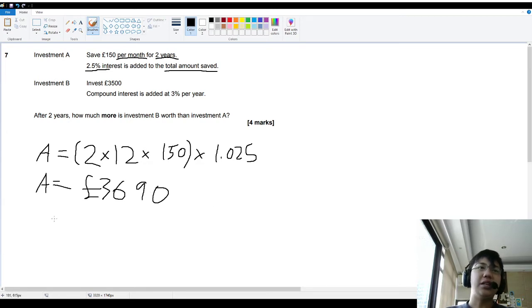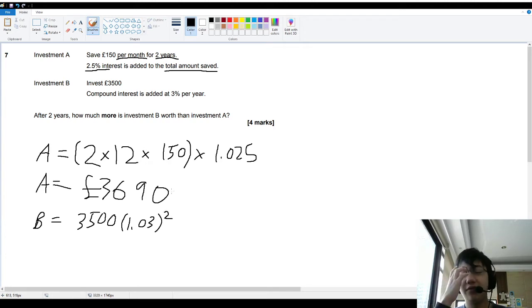For investment B, we can simply use our compound interest equation where we multiply 3,500, the principal or initial amount, by the percentage interest, or 1.03, which is 3% every year, then add an exponent of 2, since it is invested for 2 years.